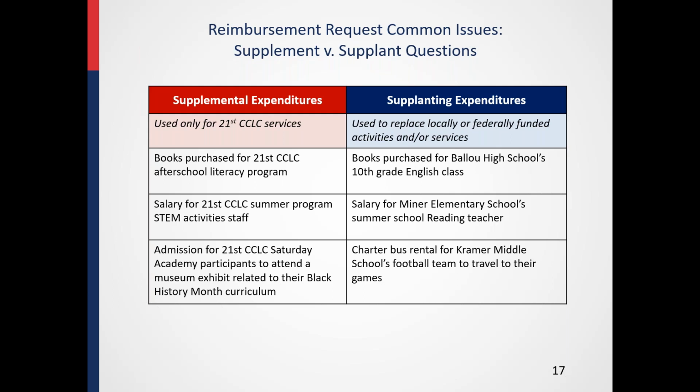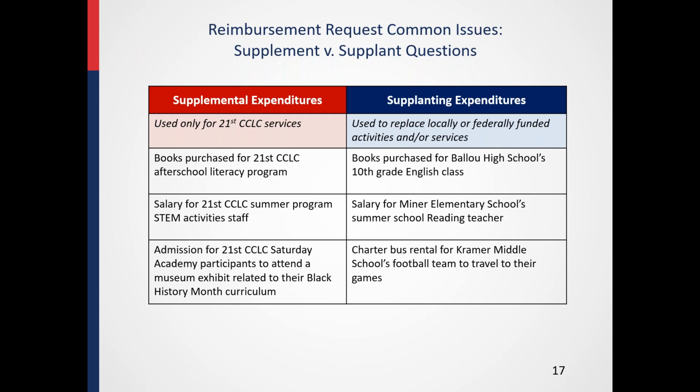That salary would be a supplemental expenditure, so appropriate to reimburse. Admission for Saturday Academy participants to attend a museum exhibit related to the curriculum would be a supplemental expenditure appropriate for the 21st century grant.